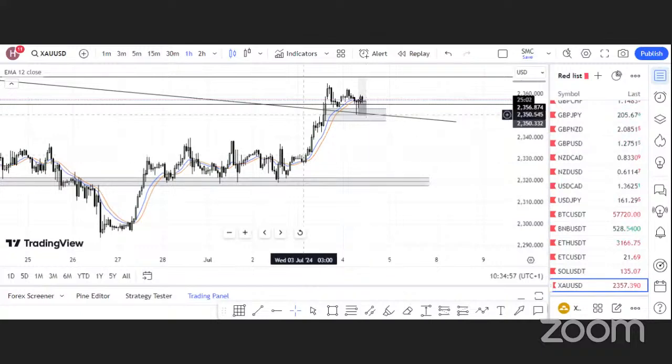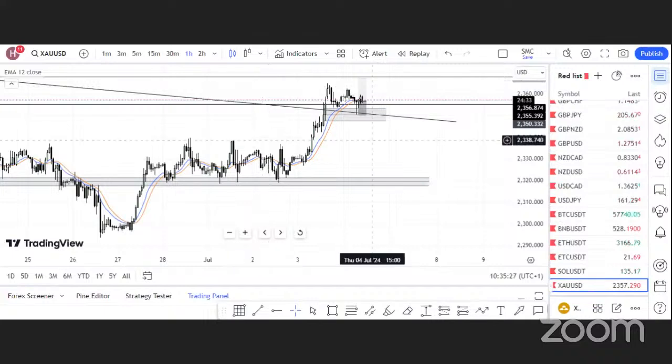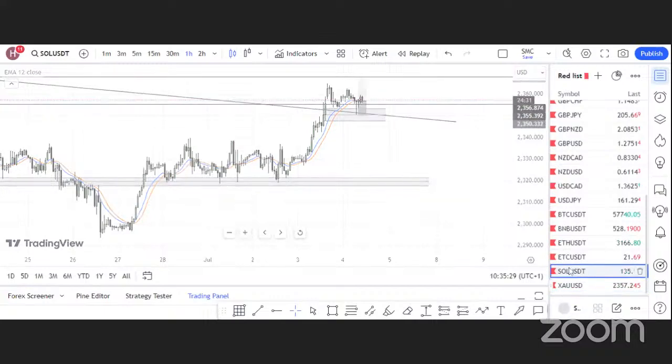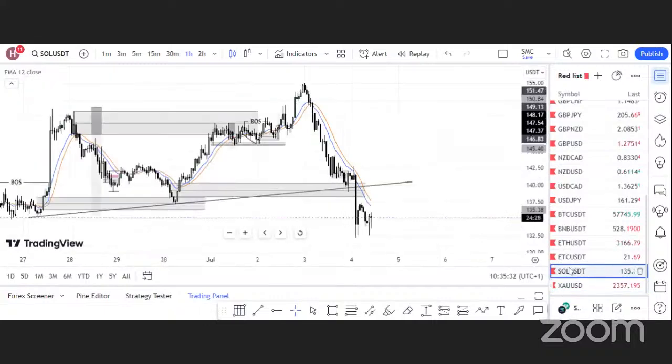We can come back to XAUUSD to see if we have a proper rejection. Okay. So let's go to Solana USDT.